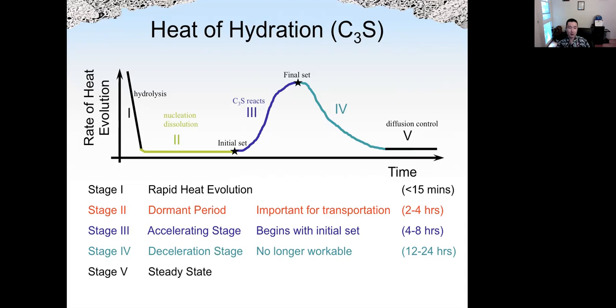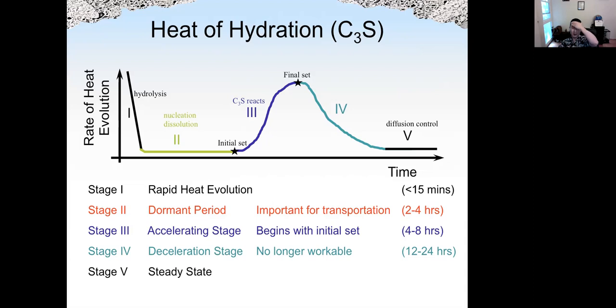Then we have stage 2, or dormant period. As we can see from here, there's not much going on. The heat evolution is very slow. Stage 2 will range from 2 to 4 hours. So that's the time for the transportation of concrete.